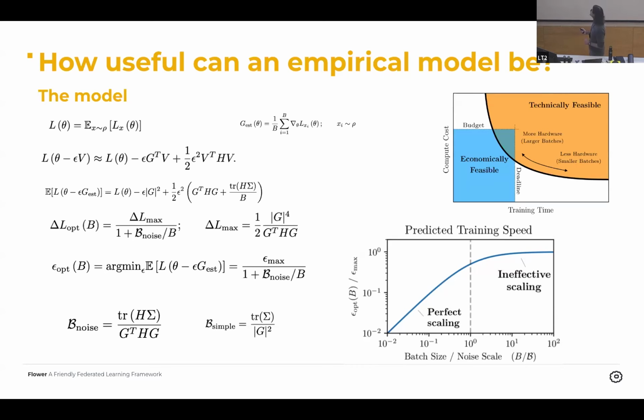But from the point this critical value is passed, we have an inefficient scaling, in the sense that we are no longer able to benefit from increasing the number of samples that we see to get to the minimum that we want. Okay.